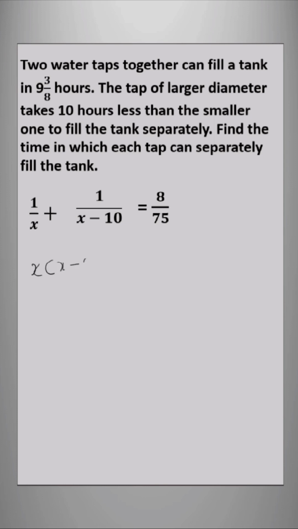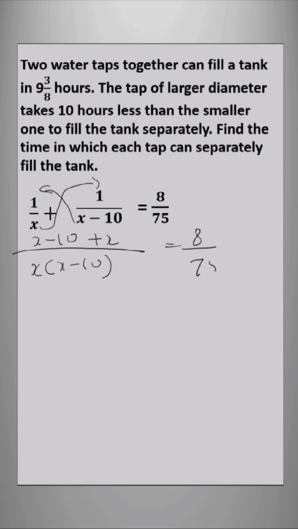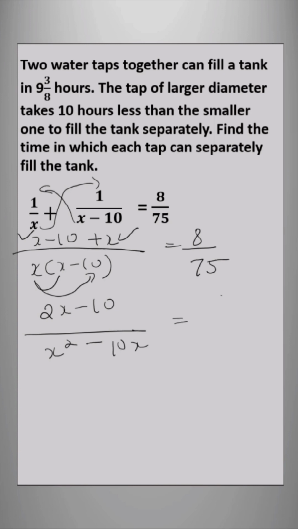In the numerator, x minus 10 plus x is equal to 8 by 75. Here x plus x, 2x minus 10 divided by x into x minus 10, x square minus 10x, is equal to 8 by 75. Now let us cross multiply.